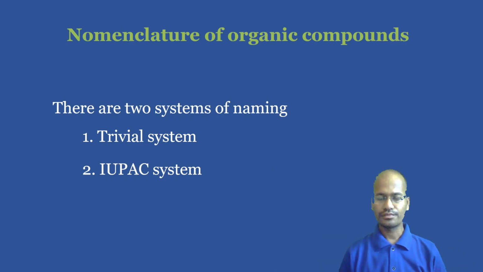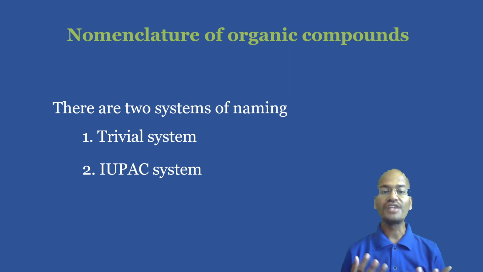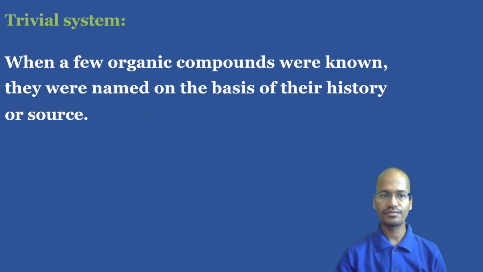For example, if I want to talk about acetic acid, the term acetic acid is a trivial name. If I want to give an IUPAC name for the same molecule, I should call it ethanoic acid. Hope you are following, and let us see in detail in the next slides.